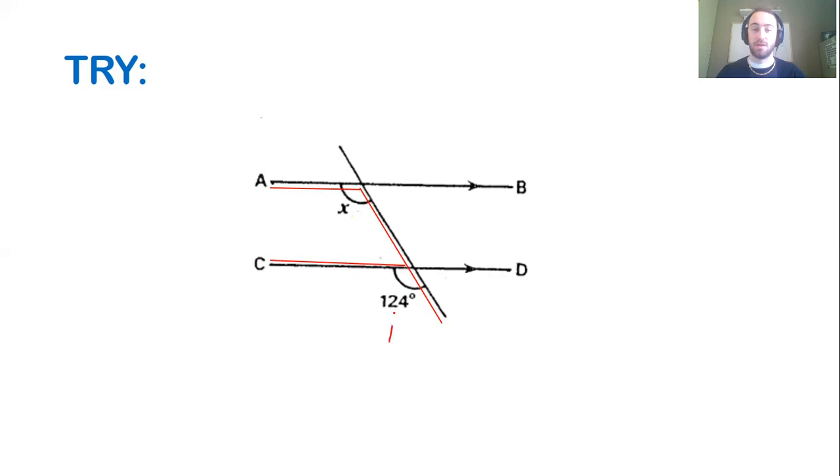So this angle here of 124 would be equal to our angle X. And it's that simple. Because of the F pattern, angle X is equal to 124 degrees. And that's it. So now we have added 2 new tools to our toolbox in helping us find missing angles.